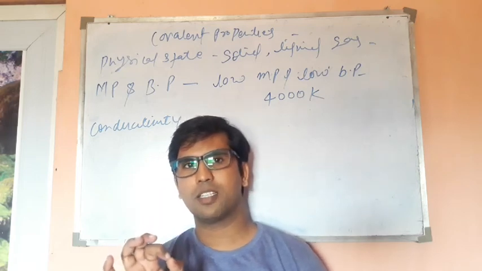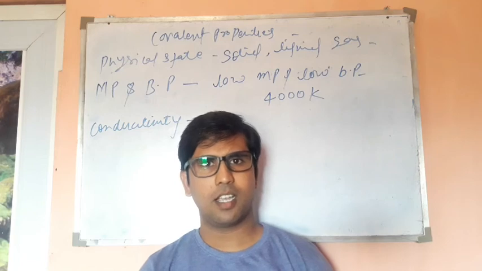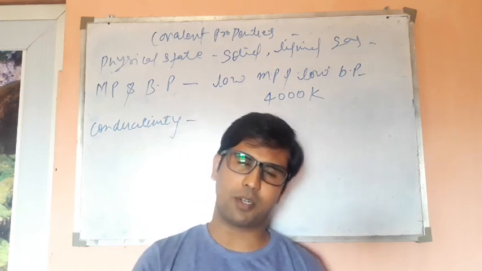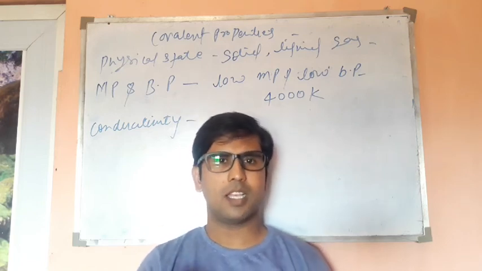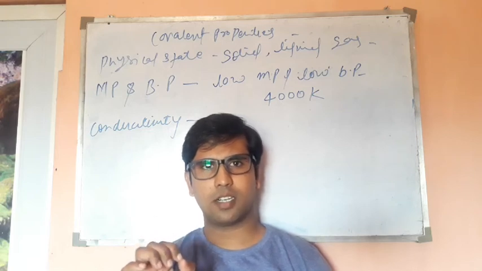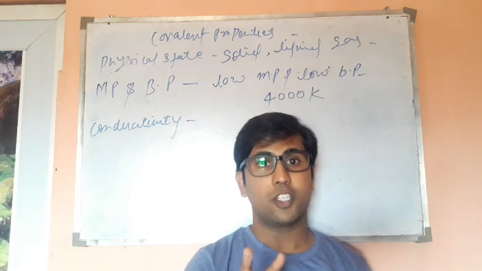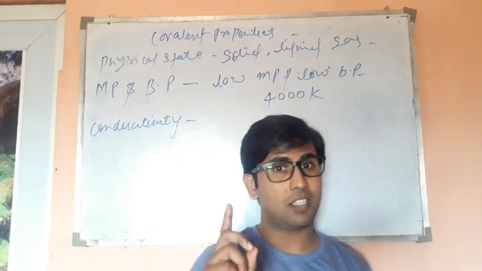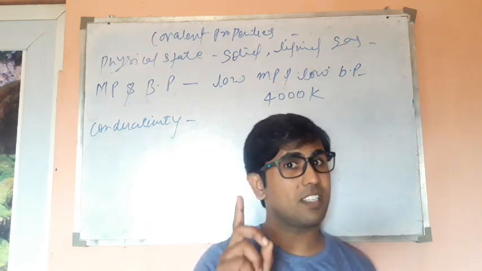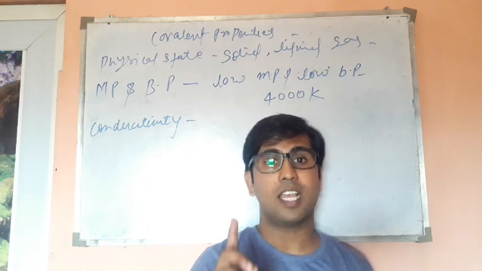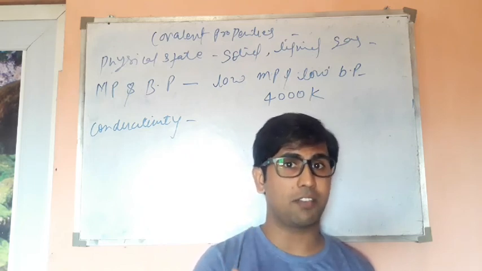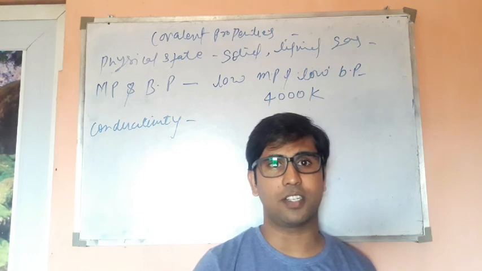One exception is graphite. Graphite has covalent bonding, but at the same time one electron is free. In graphite, one carbon atom shares three of its electrons and one electron gets free, and that one free electron conducts the electric current.